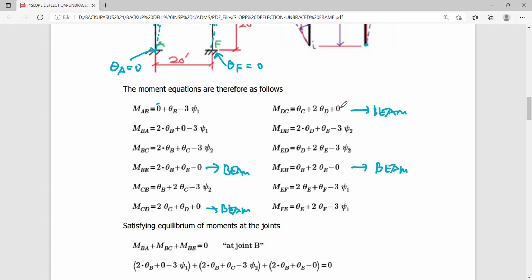So you just follow: 2 theta D, theta C plus 0; 2 theta D plus theta E is just 2, 1. So where's the 2 coming from? The first letter of your subscript here. So 2 theta E, theta D minus, these are all negatives, etc.